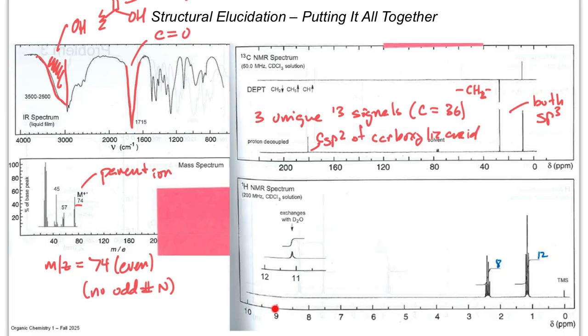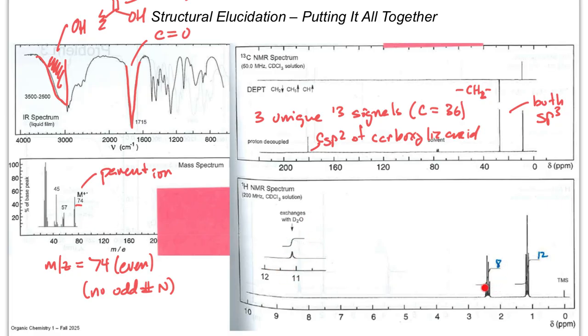So this is our normal proton spectrum, 0 to the right, 10 to the left. When we count the unique sets, see this offset here at 11? It says exchanges with D2O. So that's one set.